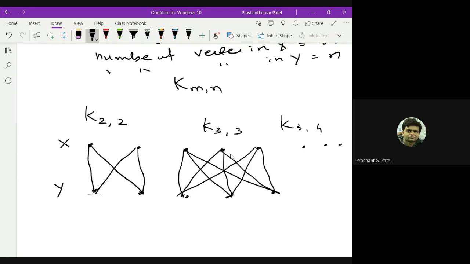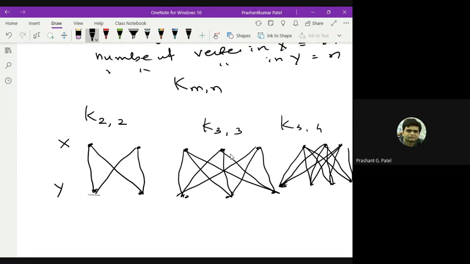K34, on this side there are 3 and on this side there are 4. You join them. This is K34 and so on. In this manner you can have any graph of such type.